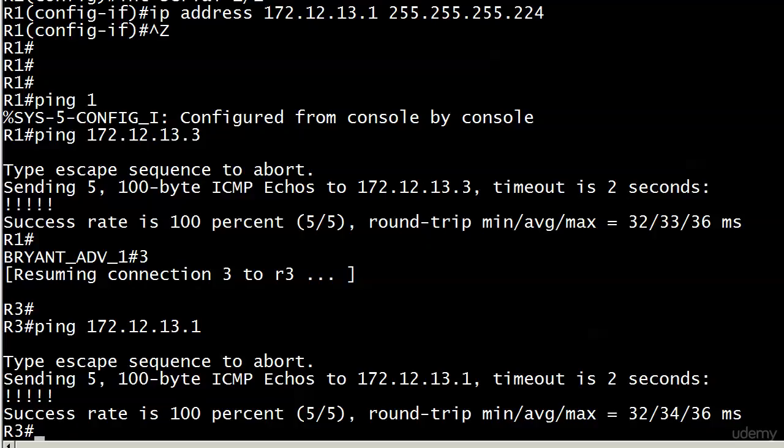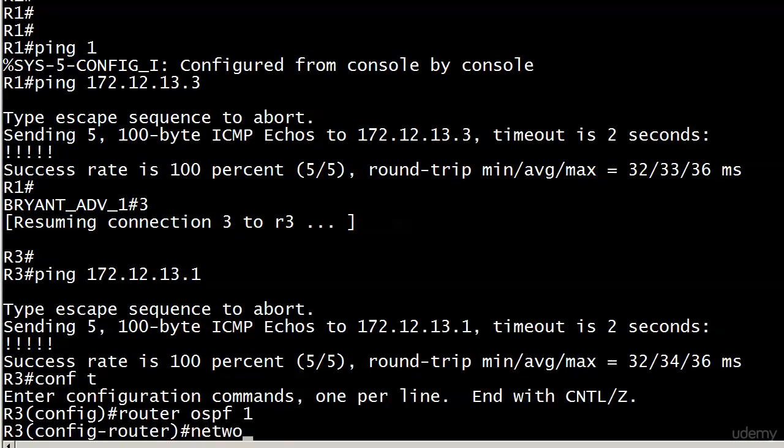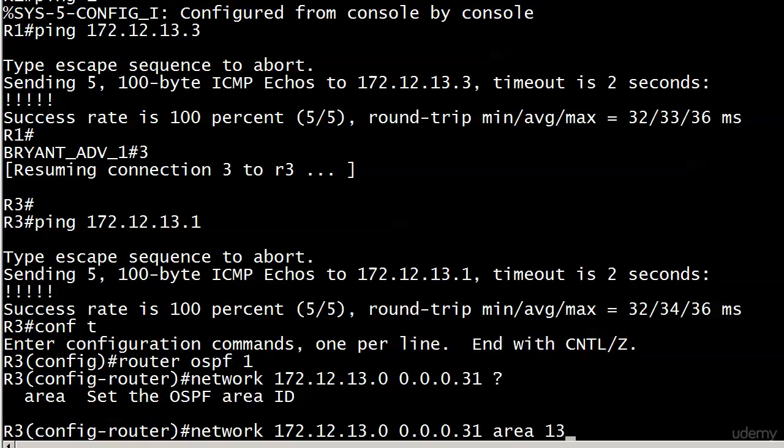If the last 5 bits of a 32-bit binary string are set to 1, what do we get? 0.0.0.31, right. So that's what we'll go with here. /31, got to put the word area always, and we'll go with 13.